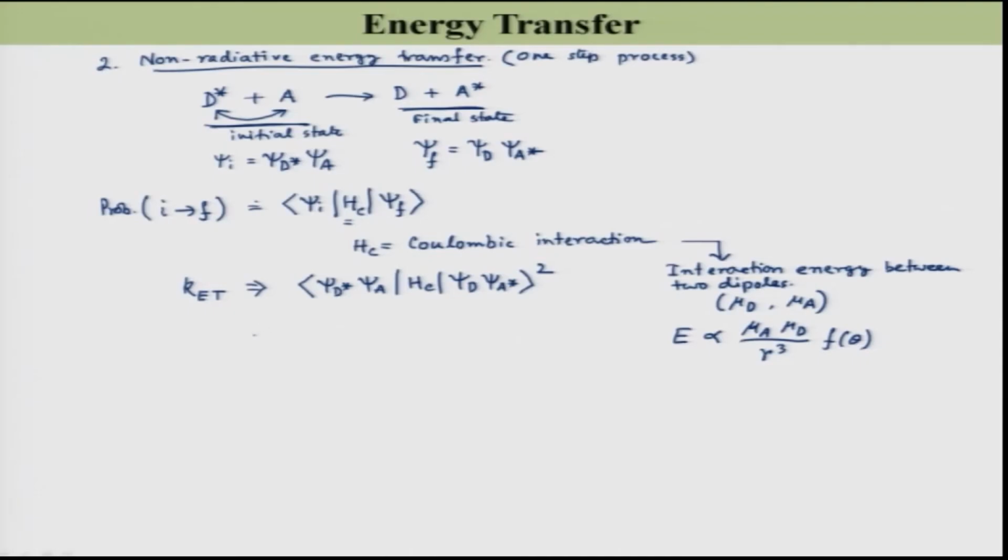That means this k_ET, the rate constant of this energy transfer, I should write as ψ_D* ψ_A* μ_D by r cubed f(θ) ψ_D ψ_A*. Here you see this r cubed term, and here is a square term. Whatever the expression is, what I will get is that this is proportional to r to the power 6.